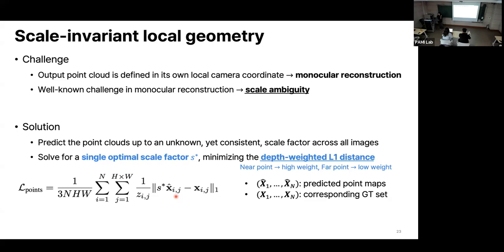So there must be some additional regularizer to preserve all the structure according to the ground truth, while satisfying the single scale. So scalability is a non-trivial problem.